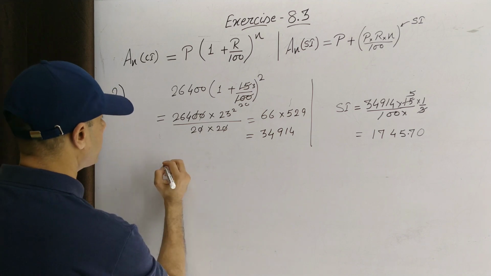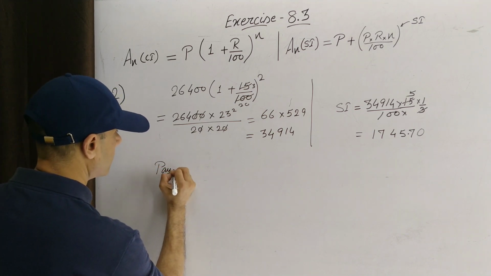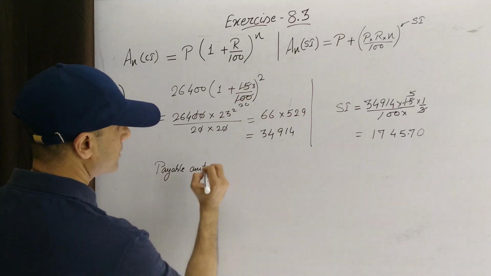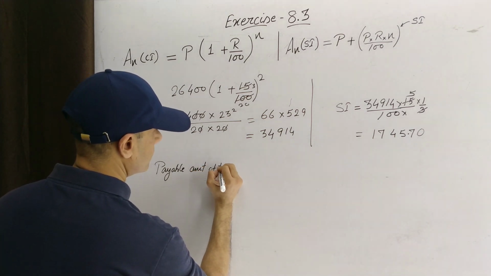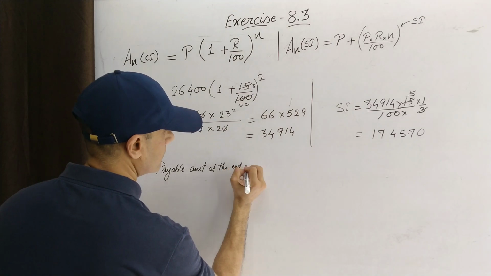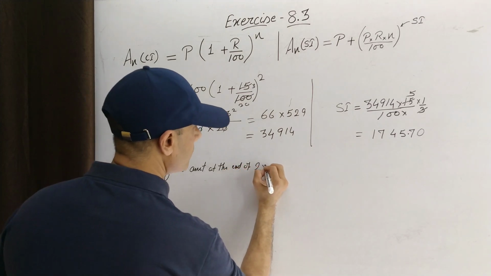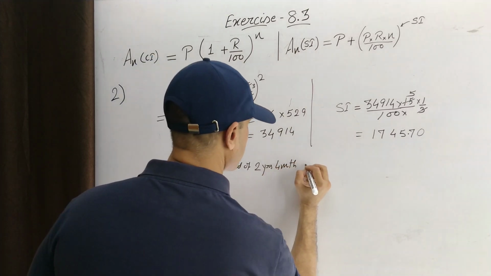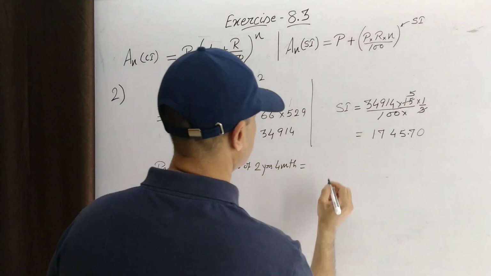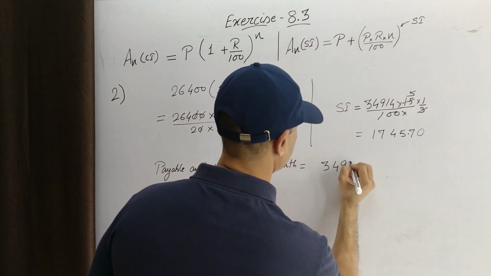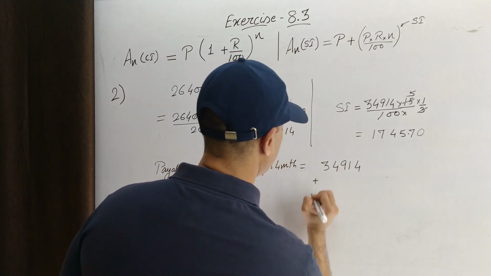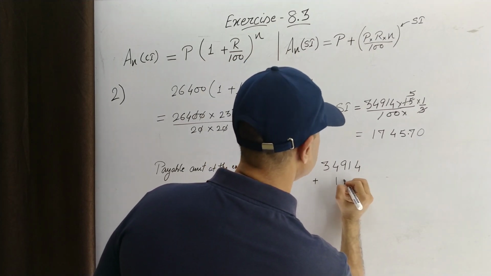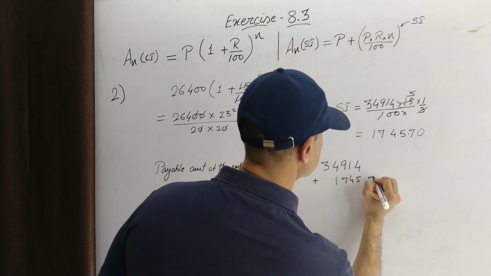So the payable amount at the end of 2 years, 4 months is equal to this amount, that is 34,914 plus this interest, that is 1,745.70.